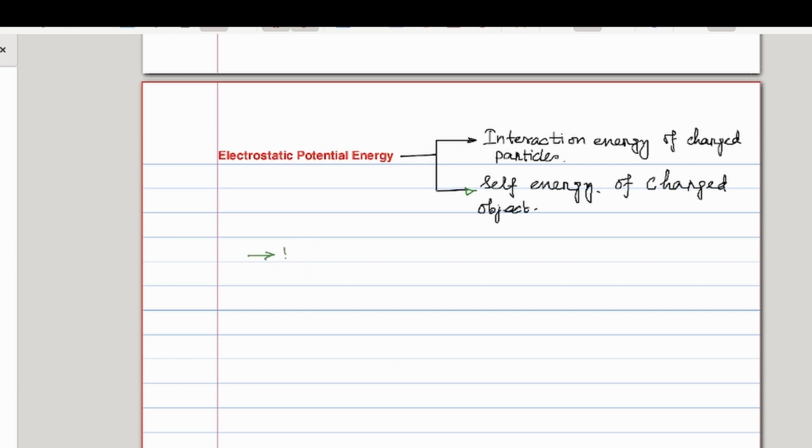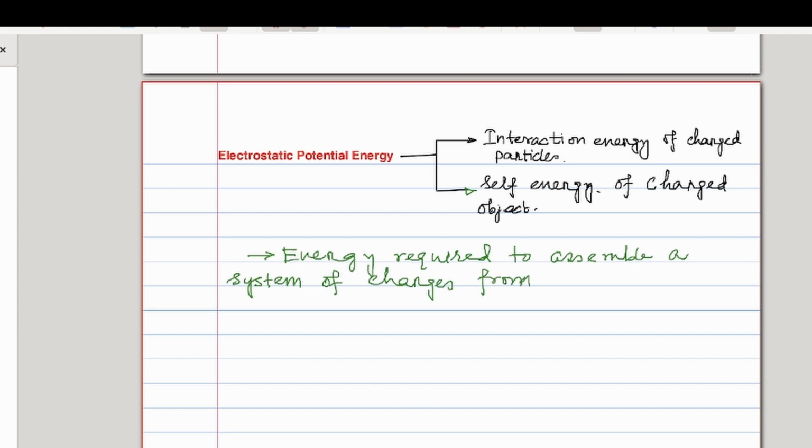Interaction energy is the energy required to assemble a system of charges from infinity to a finite distance between them.